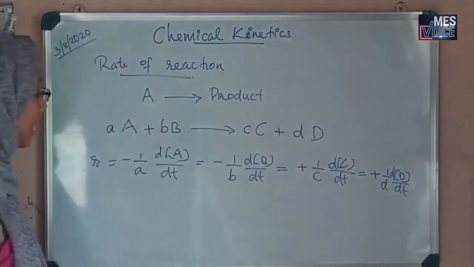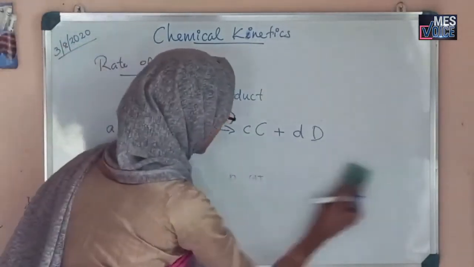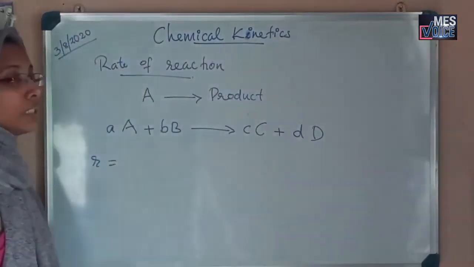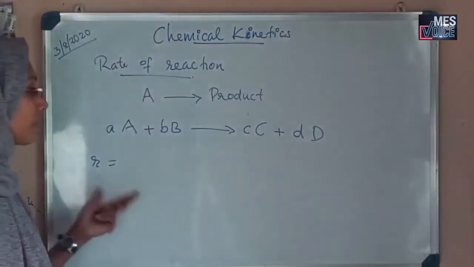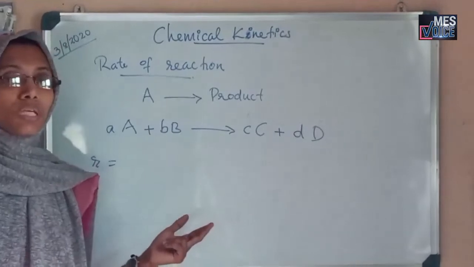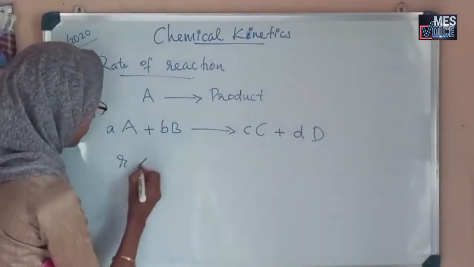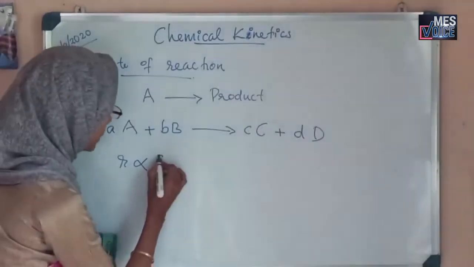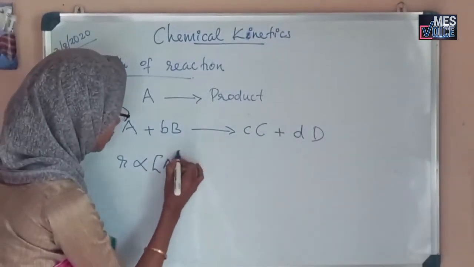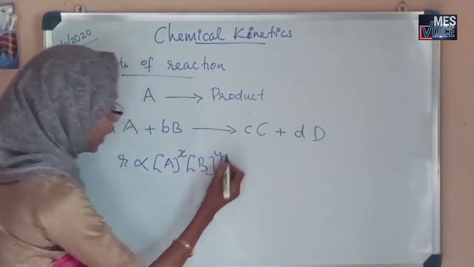This is the rate of the reaction in terms of the decreasing concentration of the reactants or increasing concentration of products C and D. But according to the law of mass action, the rate of a reaction is proportional to some powers of the molar concentration of the reactants. That is, rate is proportional to [A] raised to x and [B] raised to y.